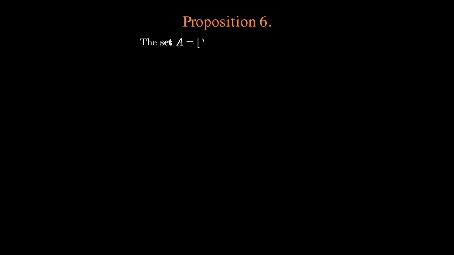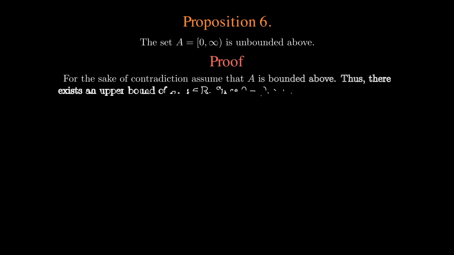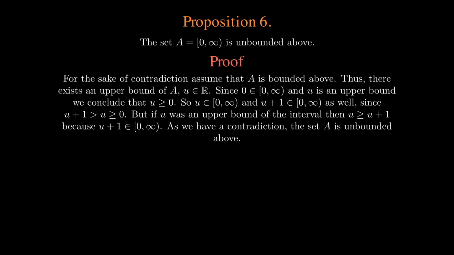Our final proposition today will be that the interval including 0 to infinity is unbounded above. A standard technique for showing something is not something, or unbounded, is to use contradiction. So, we begin by assuming for contradiction that A is bounded above, which means there is some upper bound u. Since 0 is in the interval, we can say that u is greater than or equal to 0.